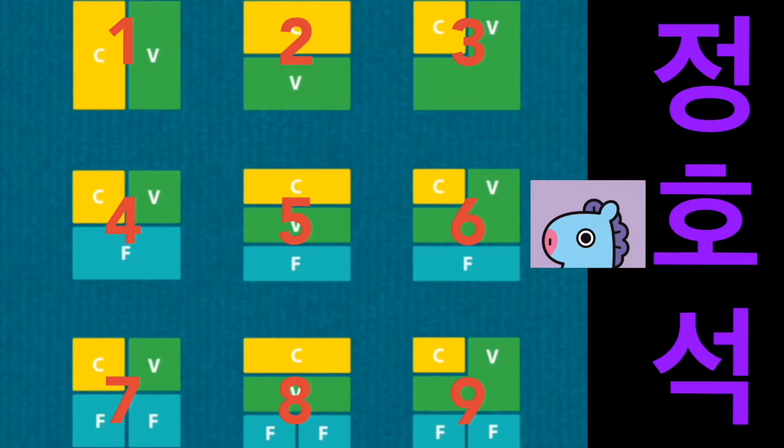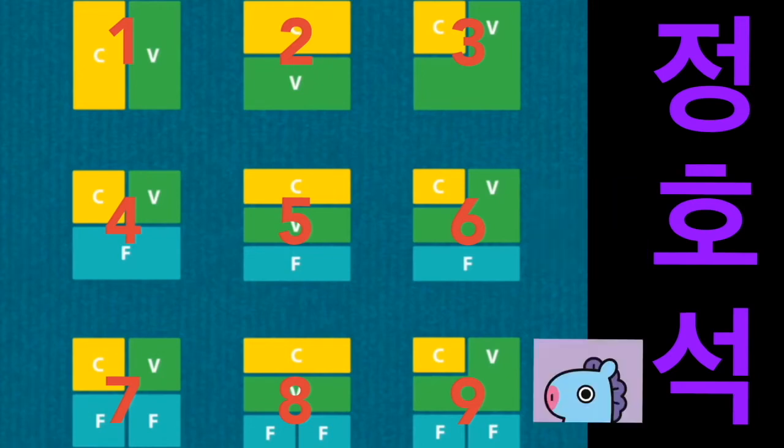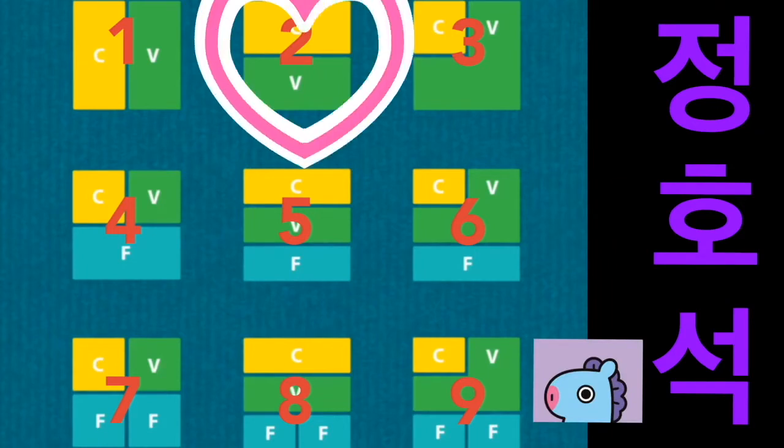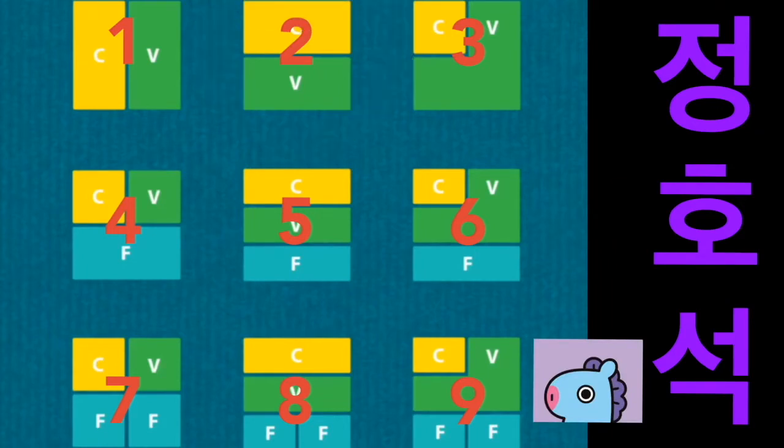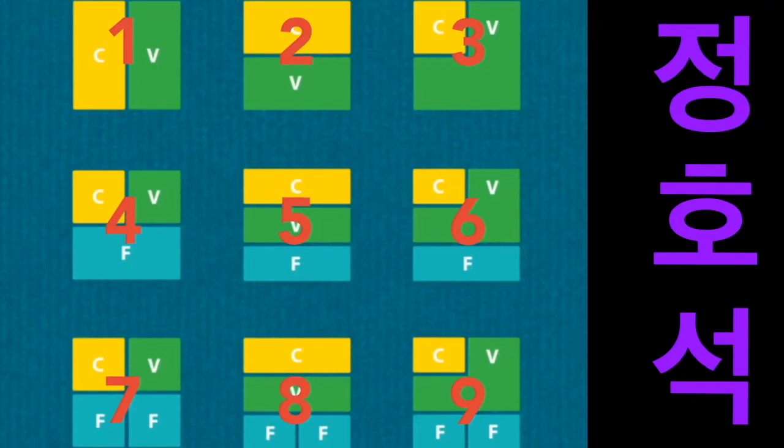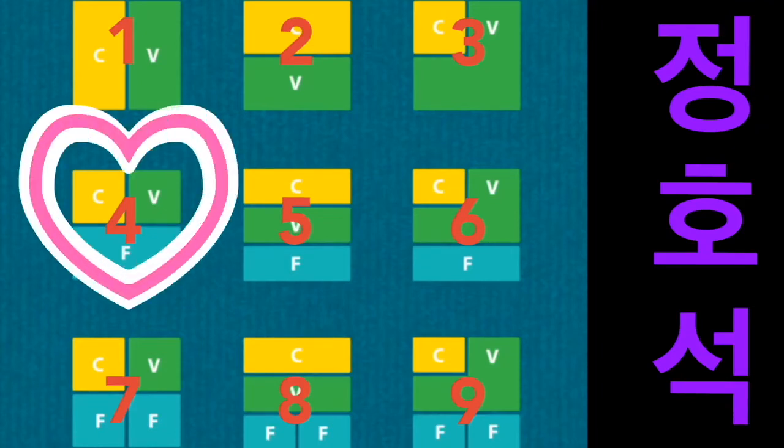For this syllable, we will be using pattern number 2. 석 has 3 letters arranged in the same pattern as the first syllable, so we'll use pattern number 4. We will be using pattern number 4 for 정, pattern number 2 for 호, and pattern number 4 for 석.